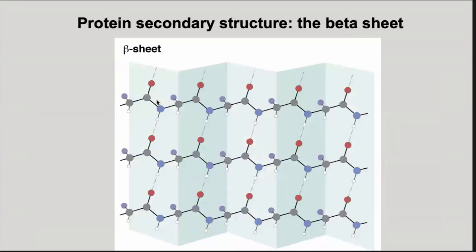Here's another very common element of secondary structure known as the beta sheet. So what happens in a beta sheet is you've got your amino acid chain, and it would actually be going from right to left in this case because there's nitrogen, carbon, carbon, nitrogen, carbon, carbon, nitrogen, carbon, carbon, and so forth.